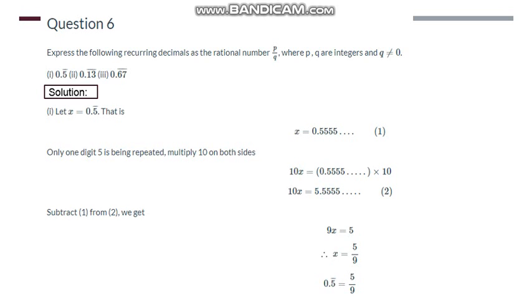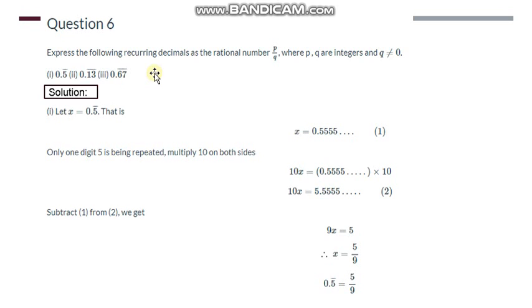Next is question number 6. In question number 6, we have 3 recurring decimals, 0.5. We have a bar on 5. It means this recurring decimal number is 0.555 and so on. 0.13, we have a bar on 13.